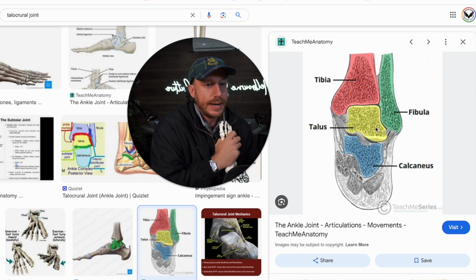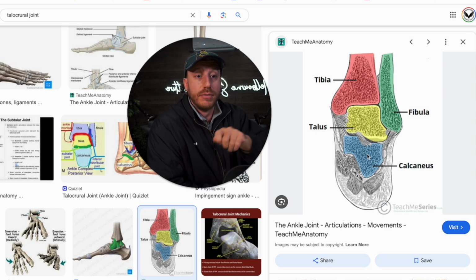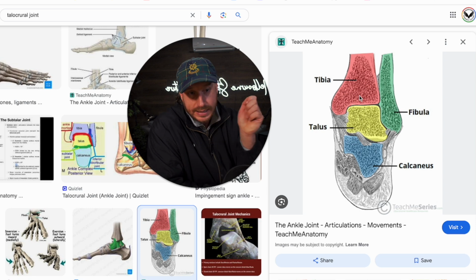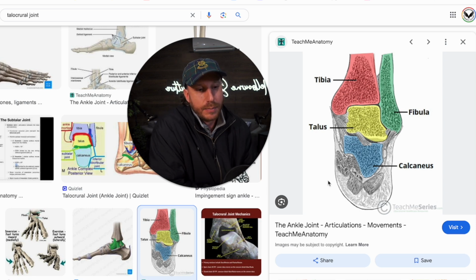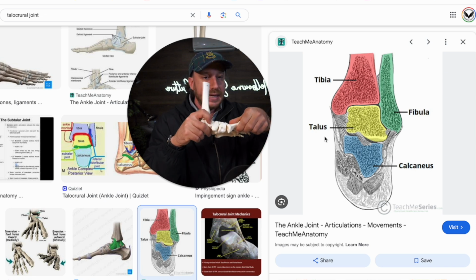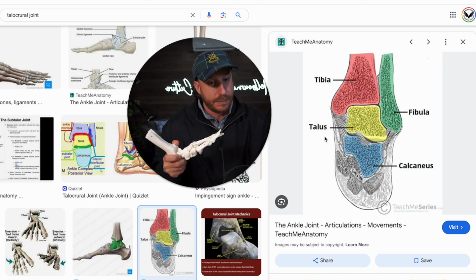Begins to rotate this way. So this whole system begins to internally rotate, which means talus drops down, calcaneus drops down medially, tibia and fibula get taken along for that IR ride. Pressure begins to build along the medial inside part of the foot, and then all of a sudden we can start to get length in this section of the foot, which is our pronation.